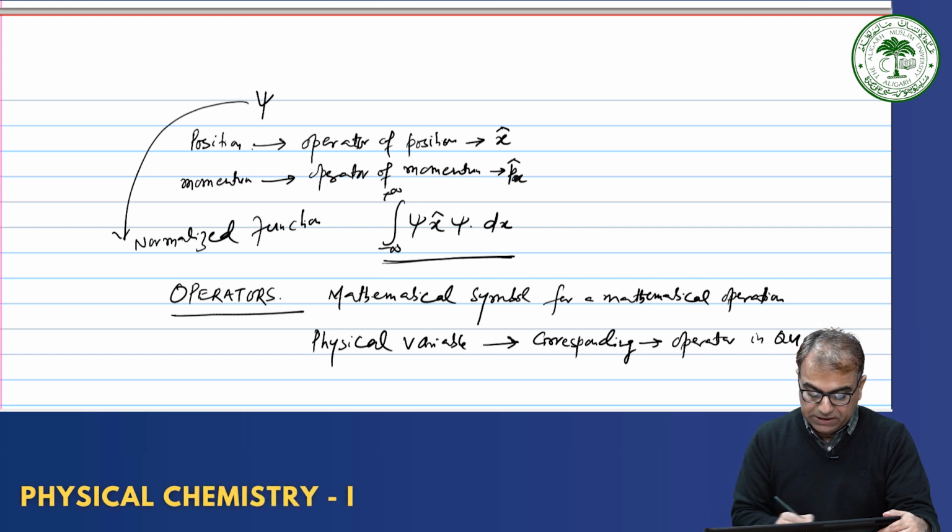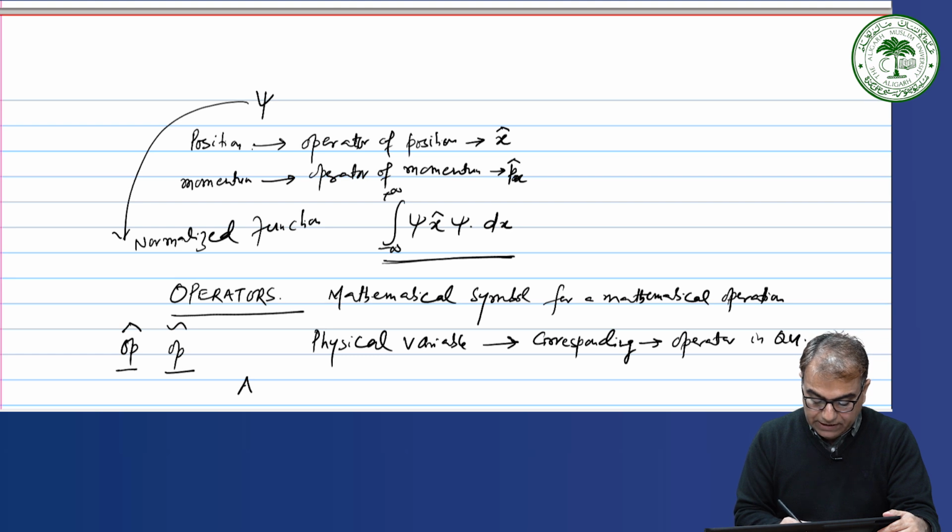So, operators are normally given a symbol like this one or a symbol like this one, okay, cap or tilde. This is called tilde. This is how we represent an operator. So, if I write A cap in quantum mechanics, or B tilde in quantum mechanics, it means they denote an operator.